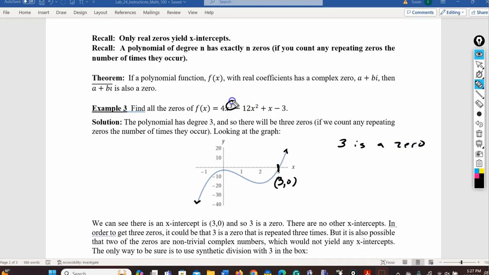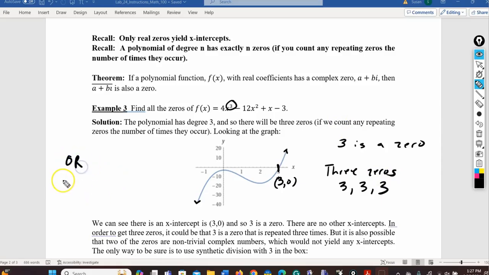Now, this has degree 3, so there will be exactly 3 zeros. How do we get 3 zeros? It's possible that this 3 could be repeated 3 times, because that would fit if you count any repeating zeros the number of times they occur. That could happen.